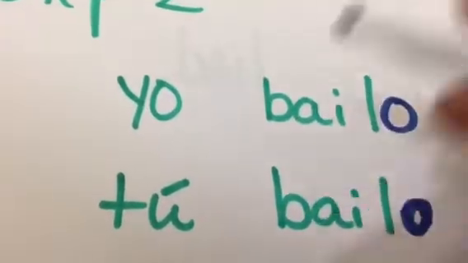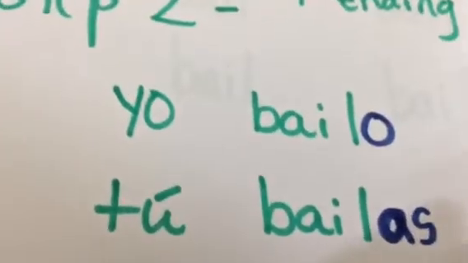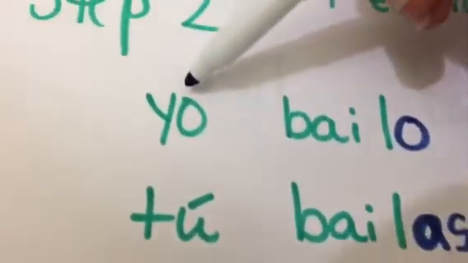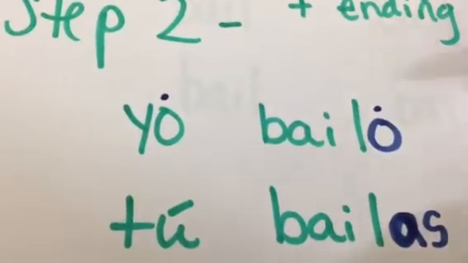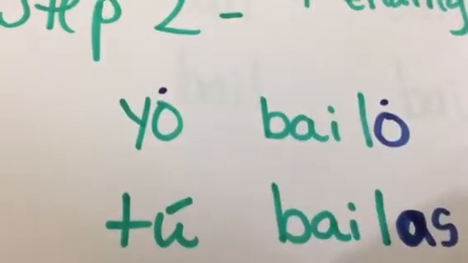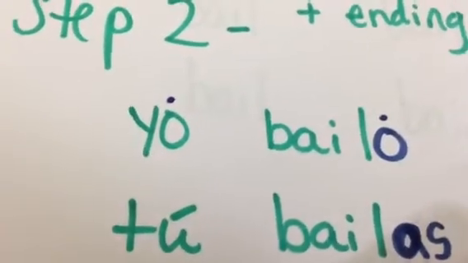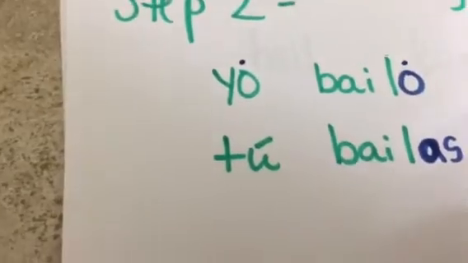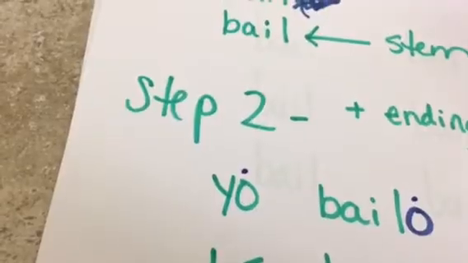So if I have tú, I'm going to make it instead bailas, okay? So this subject has to agree with this ending. Those have to connect. You already know this because we've already learned some verbs, so this should not be brand new to you.